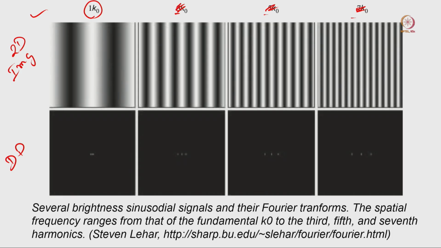Here you just focus on this frequency. Here the frequency is 1, you just count, 1, 2, 3, 4, 5. So, here the frequency will be 5 k0, then here it will be 1, 2, 3, 4, 5, 6, 7, 8, 9, 10. So, 10 k0 and like that.